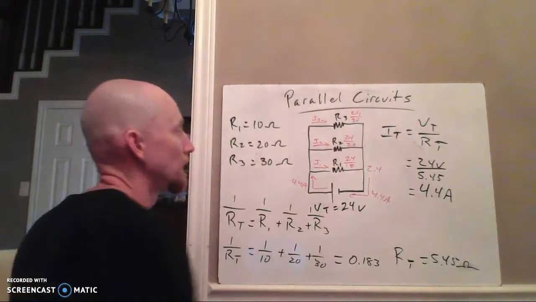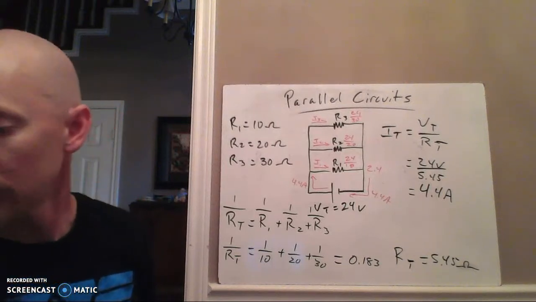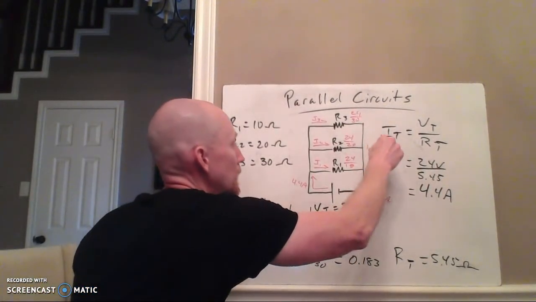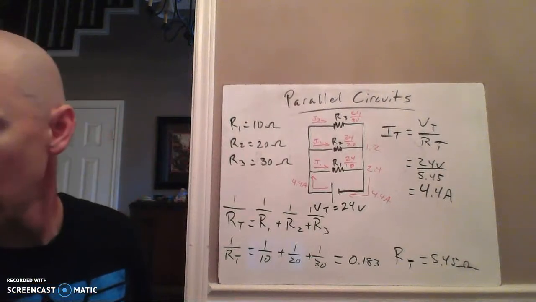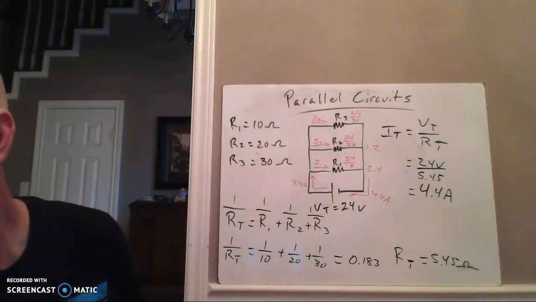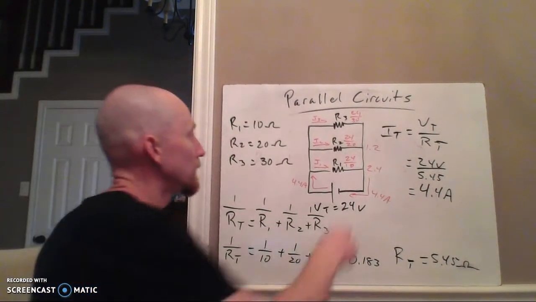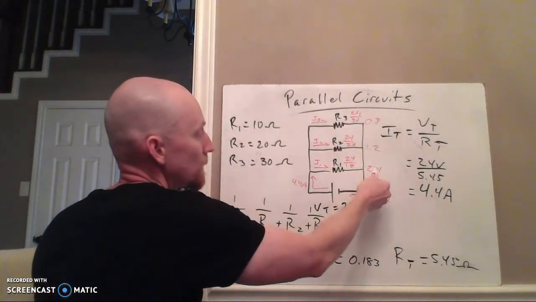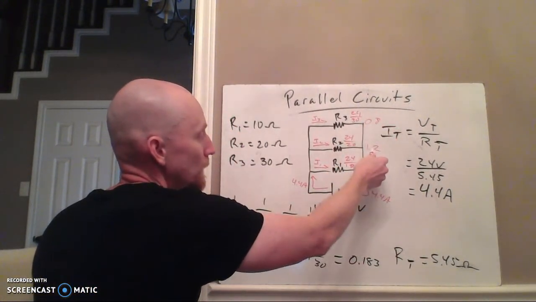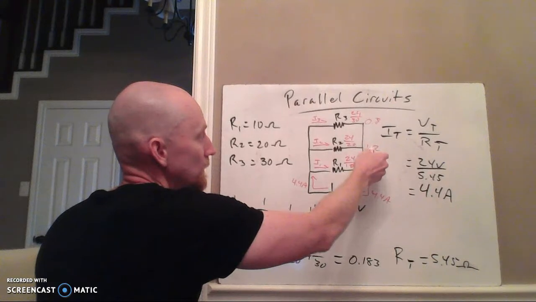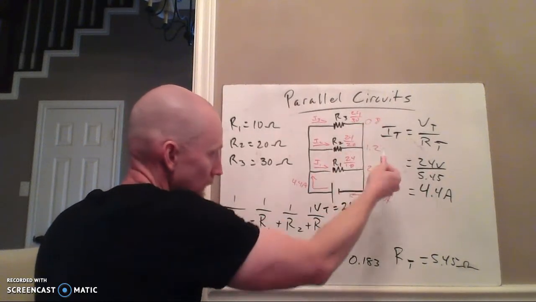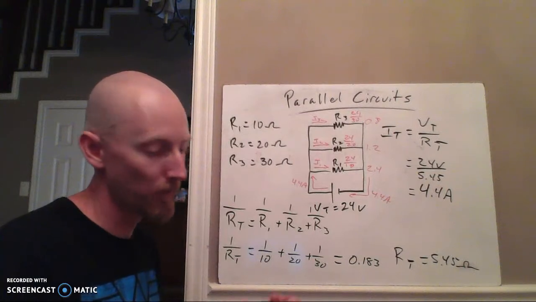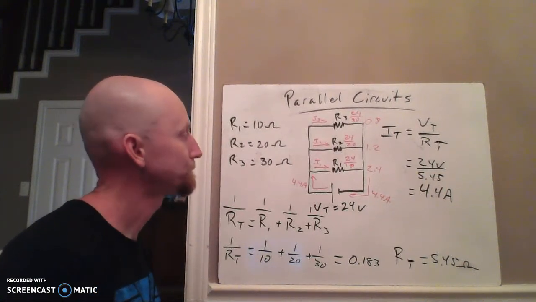I get 1.2 for that second. And I get 0.8 up here. And what's cool is if you add all these up, 2.4 plus 1.2 is 3.6. All those added up will be equal to our total current, 4.4 amps. So that's pretty cool.